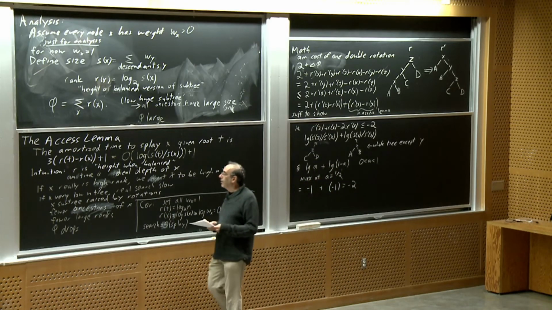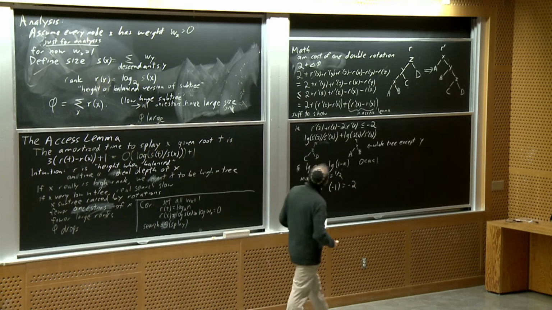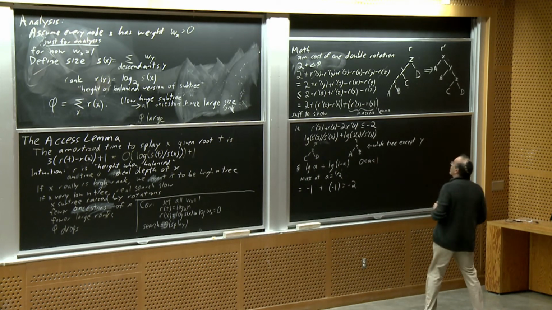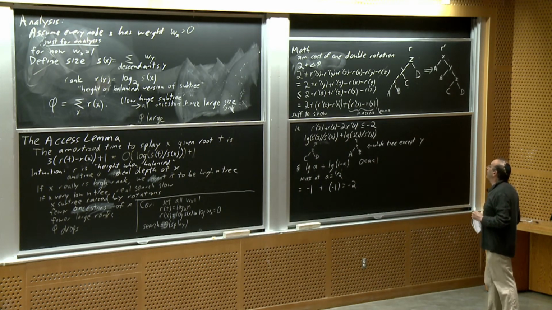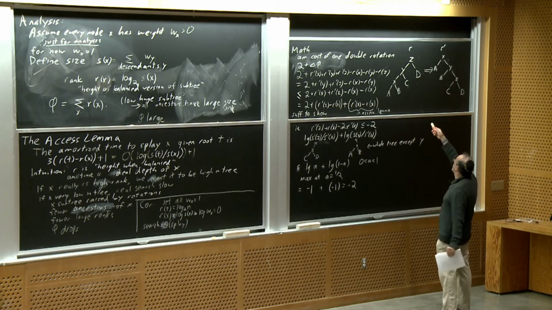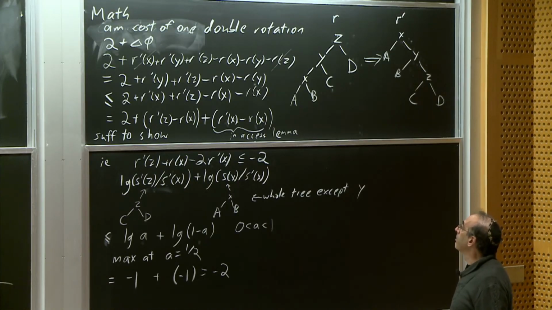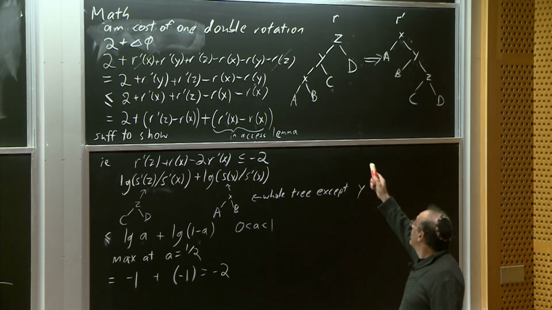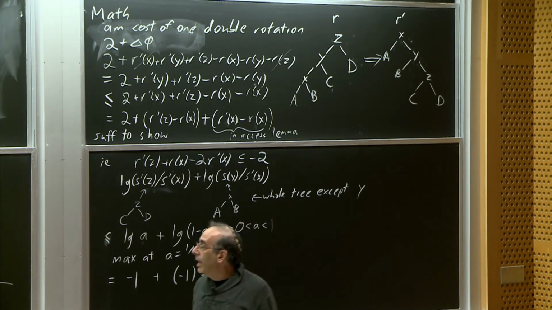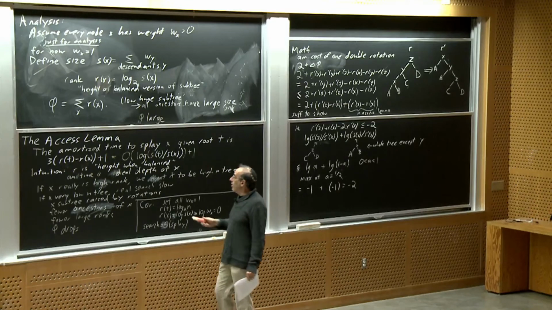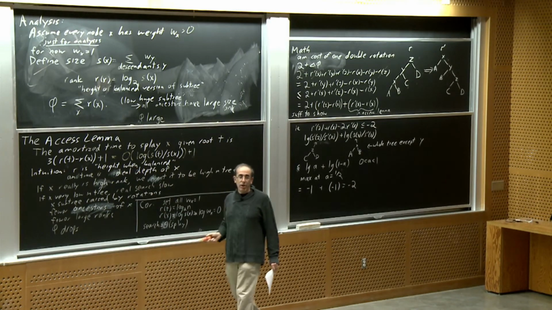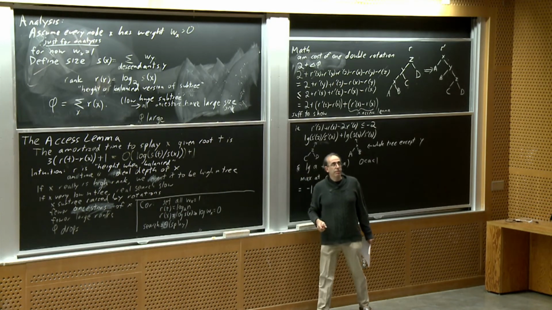So we're done, right? We've proven that the amortized cost of a double rotation is 3 times the change in rank of x. And since each double rotation has a cost of 3 times the rank change, it means that a splay has a cost of 3 times the rank change.